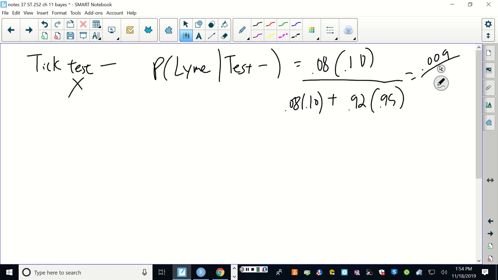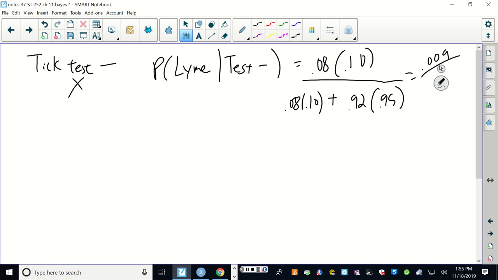So if a tick tests negative, there's a very low chance that it has Lyme disease. There's only 8% anyway, and most of those that test negative do not have Lyme's. So depending on what you're conditioning on, what the data are, it tells you different things about the parameter, about the state of the world.